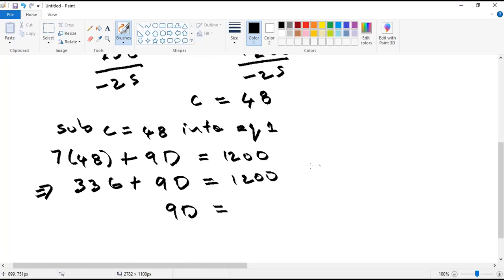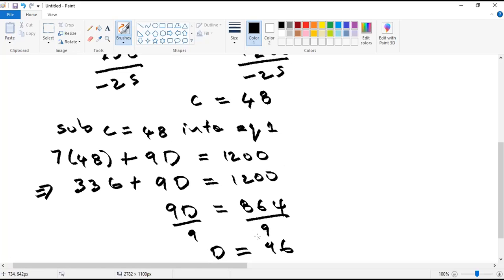I get 864, and then let's see if we can divide by 9. Great, we can, and it gives a nice clean number. D is 96. Nice and clean.